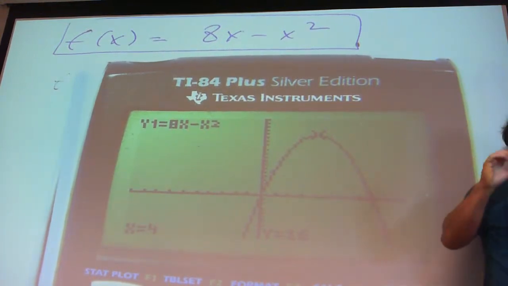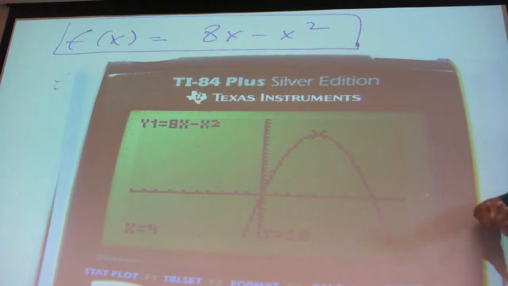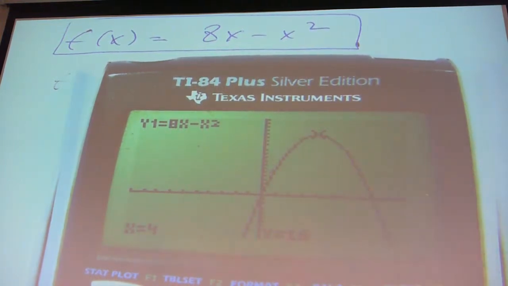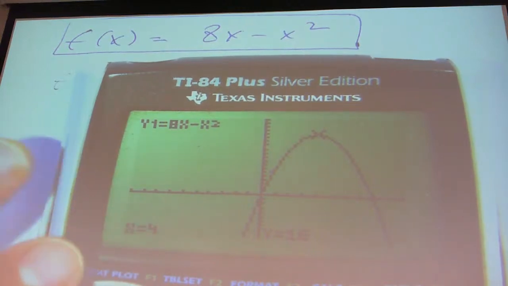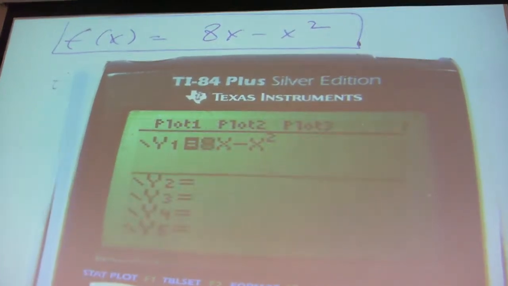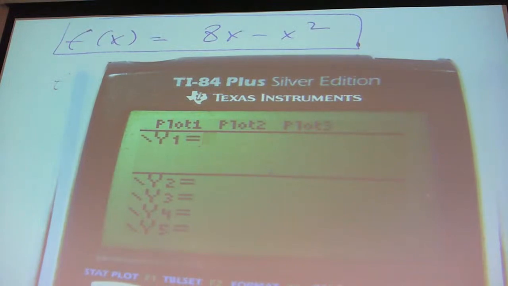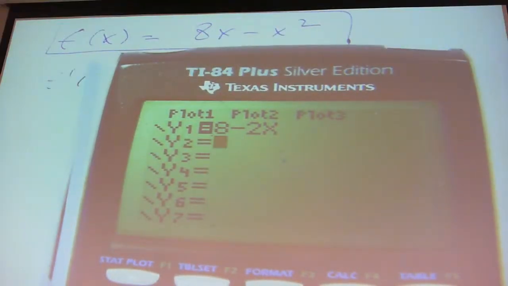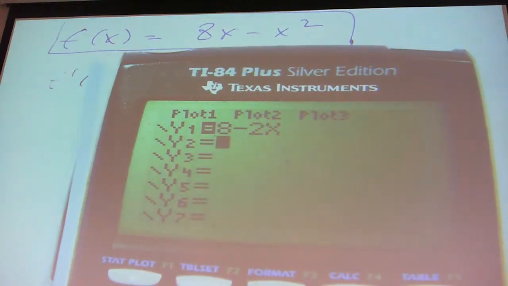I'm going to show you plugging stuff in. Okay? So again, this is a picture of the original. Increasing, decreasing. So if I want to show that, go to y equals, get rid of the original. Let's plug in the derivative. The derivative is 8 minus 2x. So what's the magic number? 4. Right? Now I have the derivative.